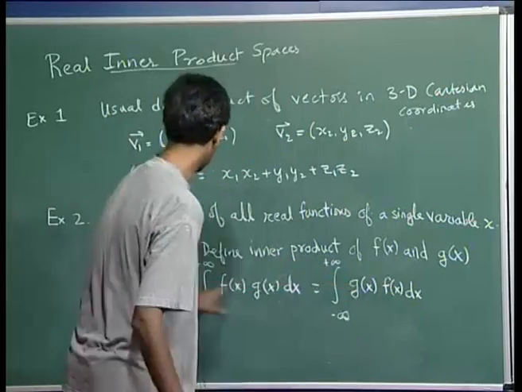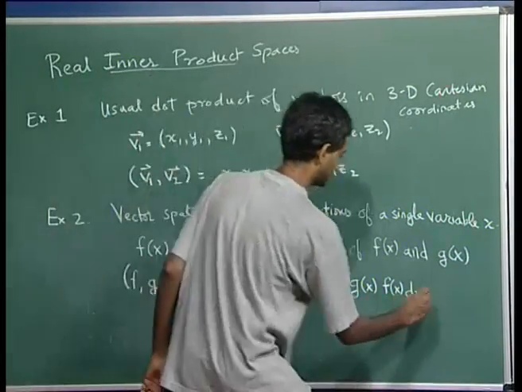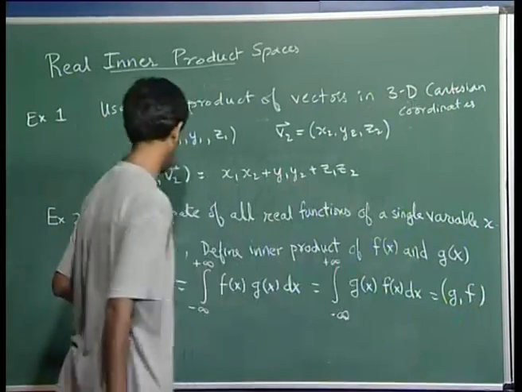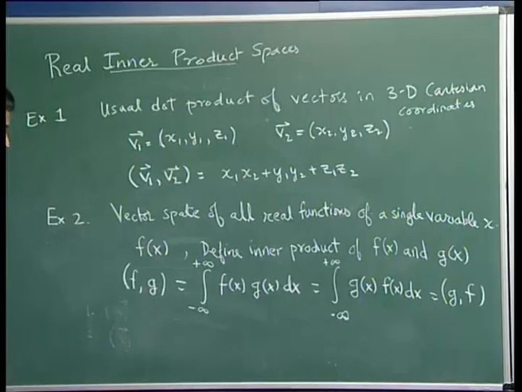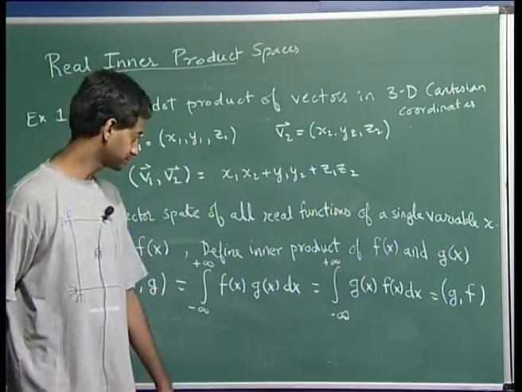If you look at this and look at the definition of f comma g, you will see that this is the definition of g comma f. So, clearly f comma g is equal to g comma f. Inner product of f and g is indeed commutative.